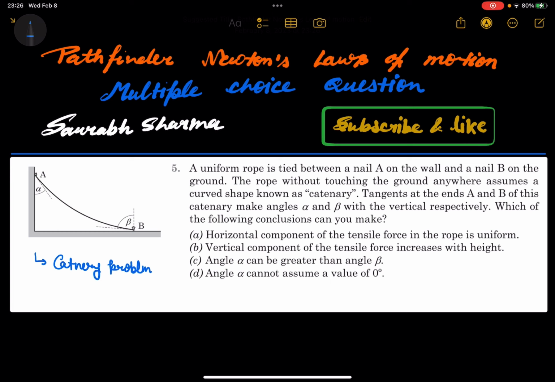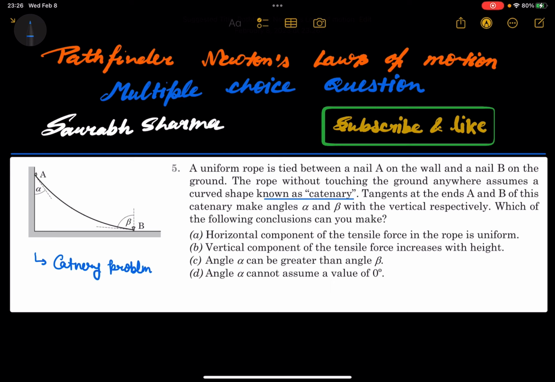I want to read. A uniform rope is tied between a nail A on the wall and a nail B on the ground. The rope, without touching the ground anywhere, assumes a curved shape known as a catenary. Tangents at the ends A and B of this catenary make angles alpha and beta with the vertical respectively.